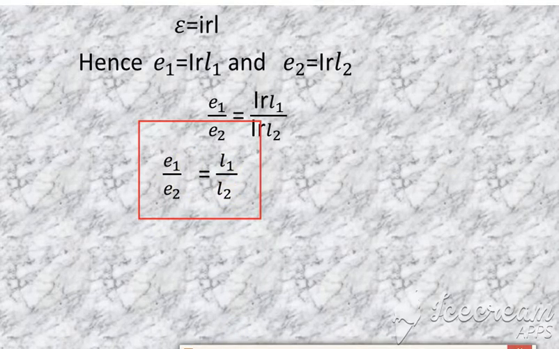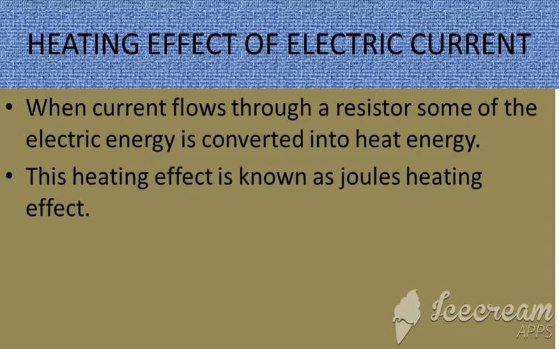Okay, thank you. The next topic is the heating effect of electric current. When current flows through a resistor, some of the electrical energy is converted into heat energy.